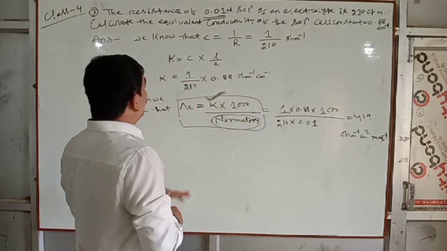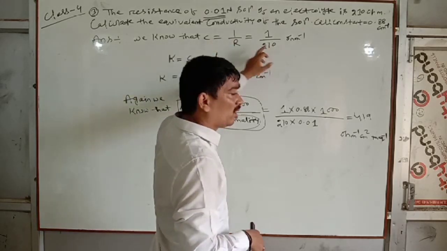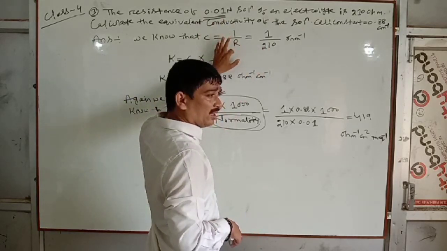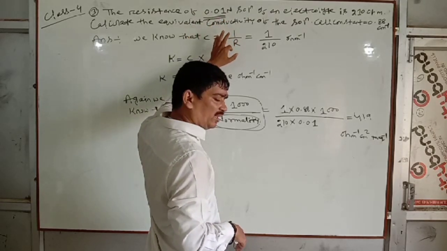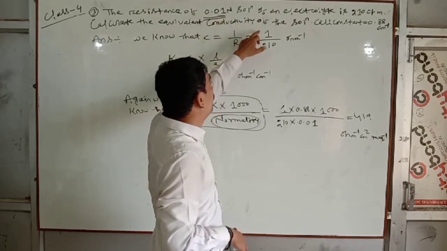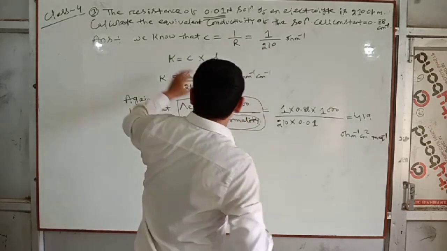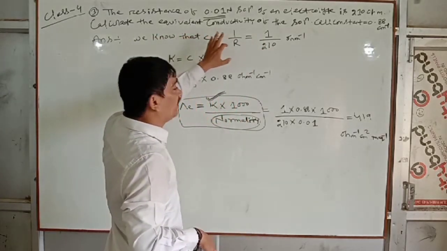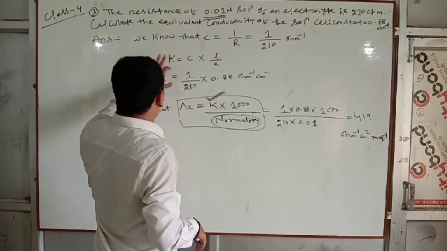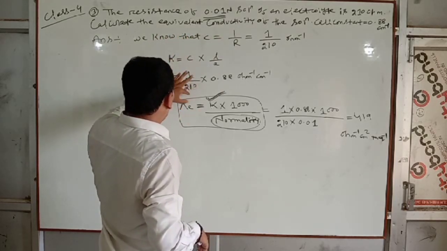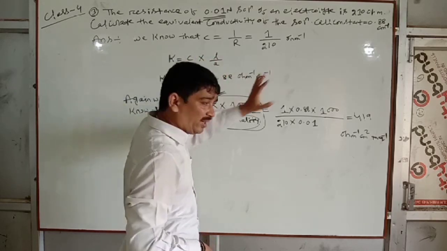First, in this question, we calculate the conductance. Conductance equal to 1 by R, the reciprocal of resistance. Then kappa equal to C into L by A, that is 1 by 210 into 0.88.